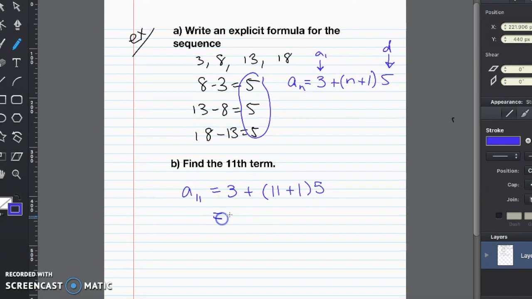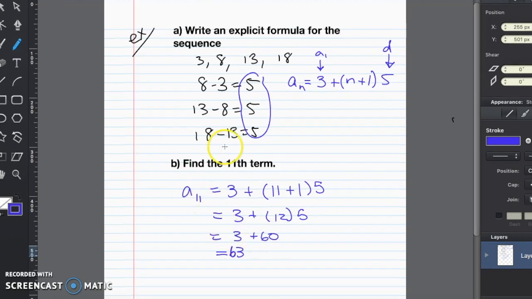And then I just do order of operations. So 3 plus 12 times 5. 3 plus 60. So that guy is going to be 63, right? My 11th term for this sequence is going to be 63, right? I didn't have to sit there and add 5 plus 5 plus 5. I know my 11th term is 63, right?